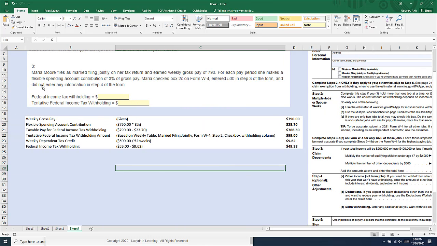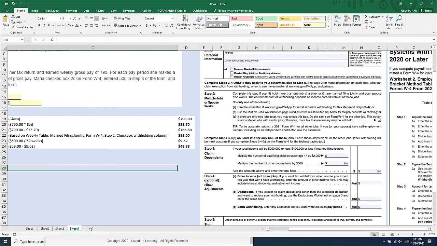It says that she did not enter any information in step 4 of the form. So step 4 here, it's other adjustments, meaning any other income that she wants to provide here for withholding, or any deductions, or she may want to have extra withholding, then enter it here on line 4C.